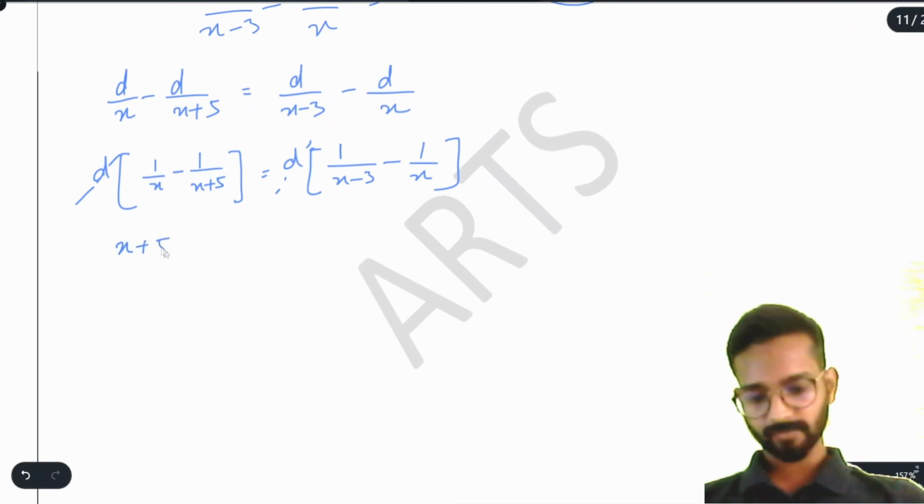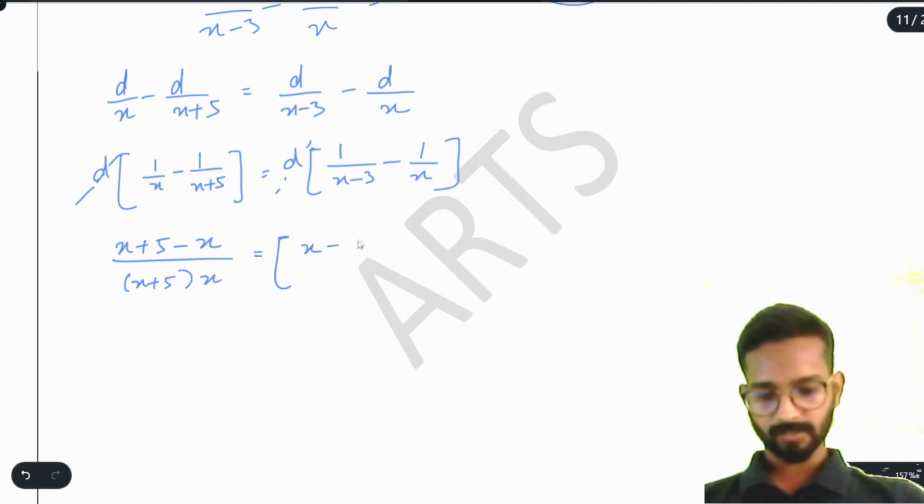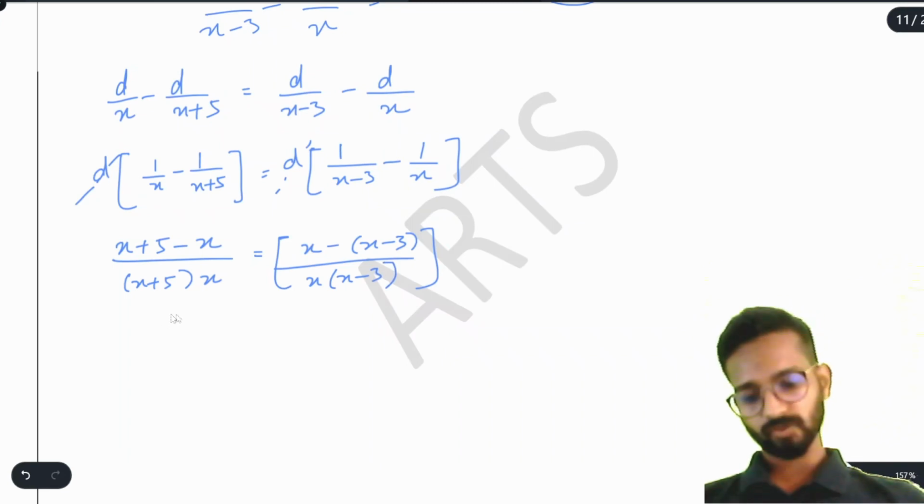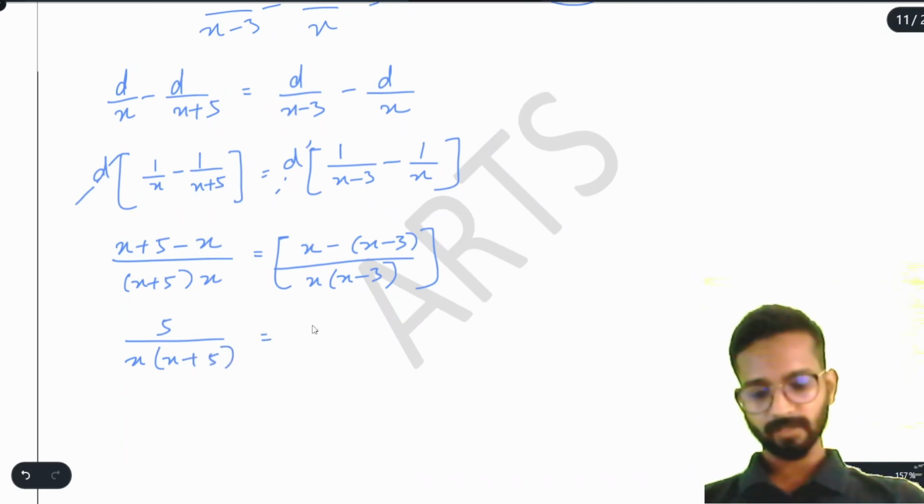X plus 5 minus x over x into x plus 5 is equal to x minus (x minus 3) over x into x minus 3. Now solving this, it will become 5 by x into x plus 5 equals 3 by x into x minus 3.